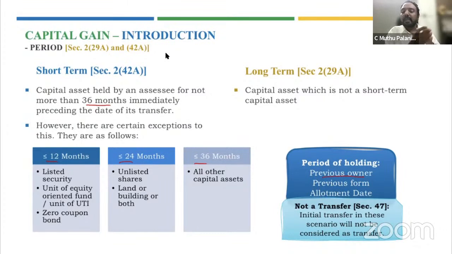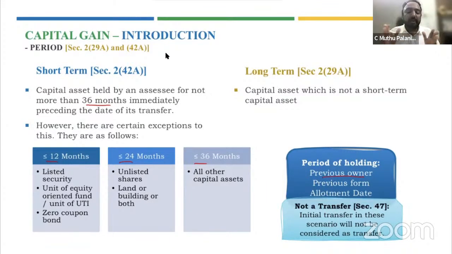Similarly, sometimes preference share is converted into equity share. For period of holding, calculate from the preference share; likewise for debenture to equity. For all of these, I have to calculate from the original date. Similarly, for right shares, I have to calculate from the allotment date.